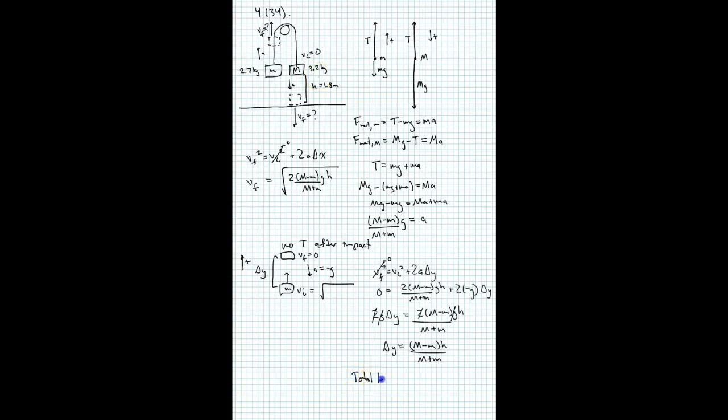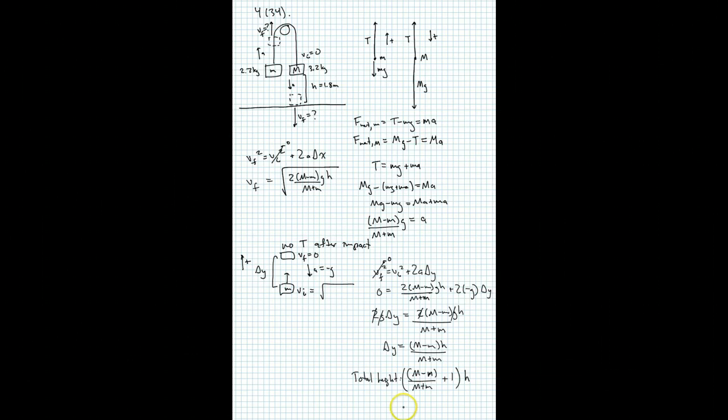So the total height above the ground is just this, which is (M minus m) over (M plus m) times h plus h. So I factored out the h here.